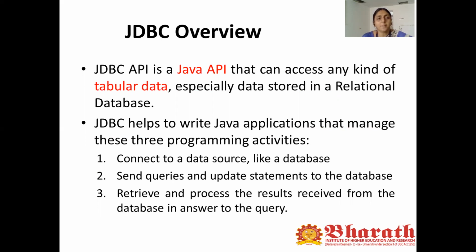This tabular data especially gets stored in the relational database. And in a relational database, the data can be retrieved using SQL, that is Structured Query Language. So we can apply queries to get the data from the relational database.